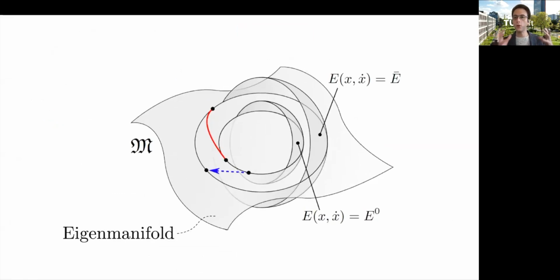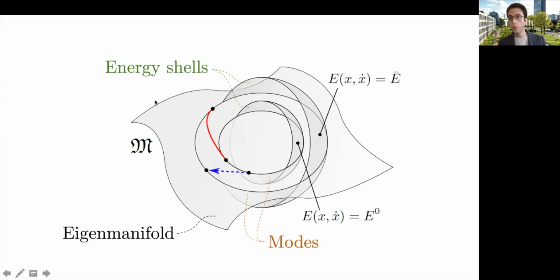So we can now look back at the initial picture and hopefully understand better what is going on there. We have our eigenmanifolds, and we have several energy shells, an infinite amount of energy shells, and the intersections between the energy shells and the eigenmanifolds are our nonlinear modes.